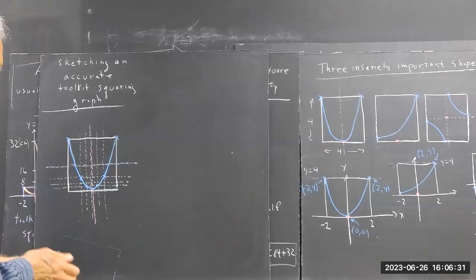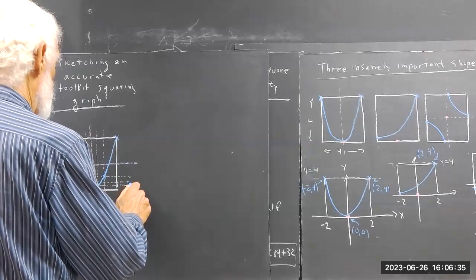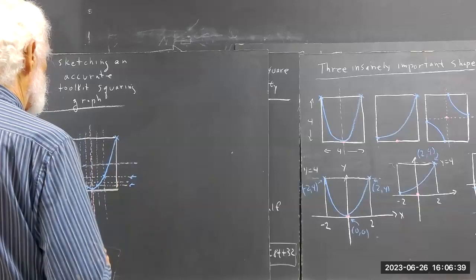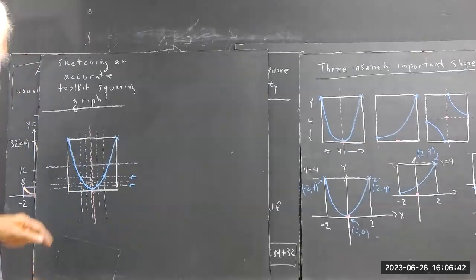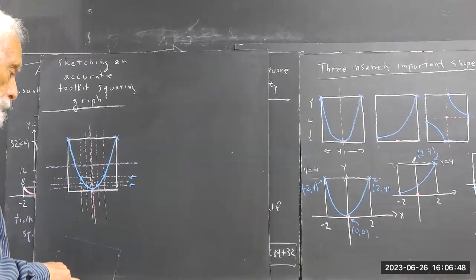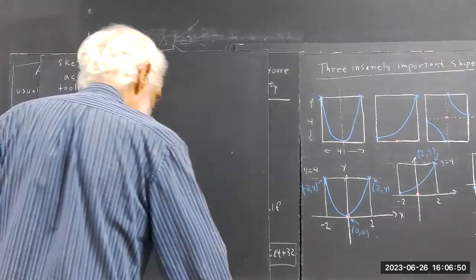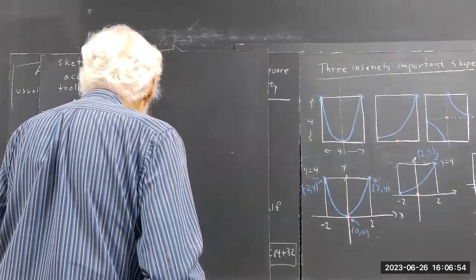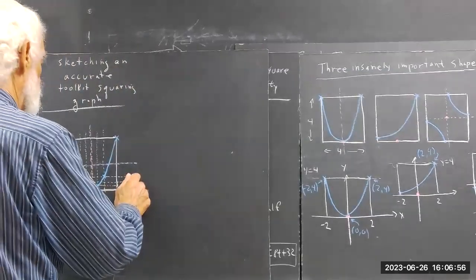Again, let's put an arrow here. I'll have points on this line and this line. I don't have points on this line, so I'm going to put a little X on this line.